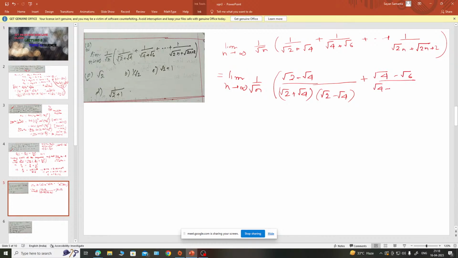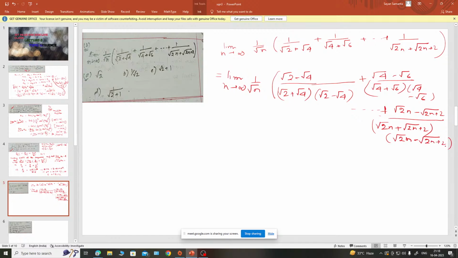Continuing up to root 2n plus root 2n plus 2, multiplying by root 2n minus root 2n plus 2. Is it clear to everyone? So here we see that this is of the form a plus b into a minus b, that is a square minus b square.